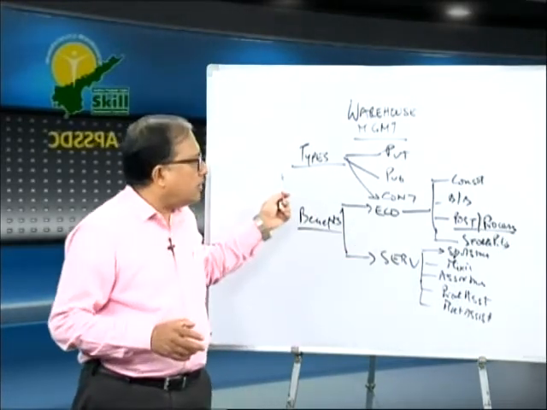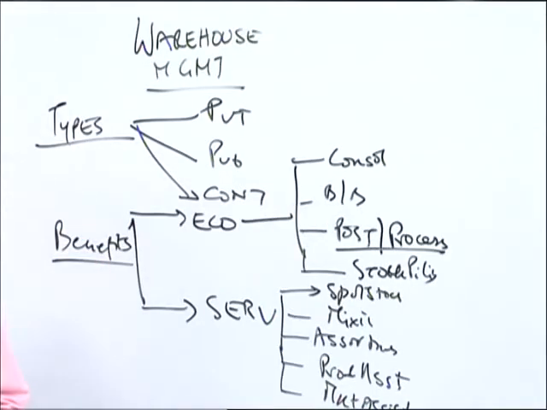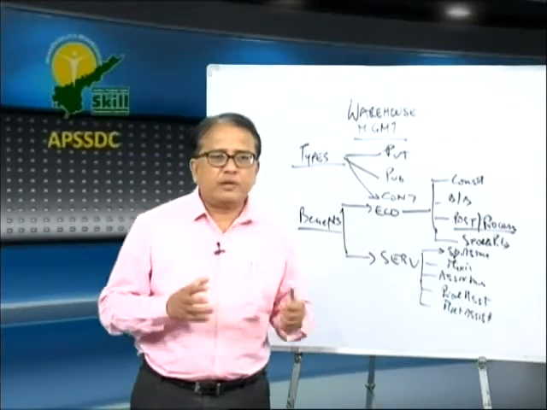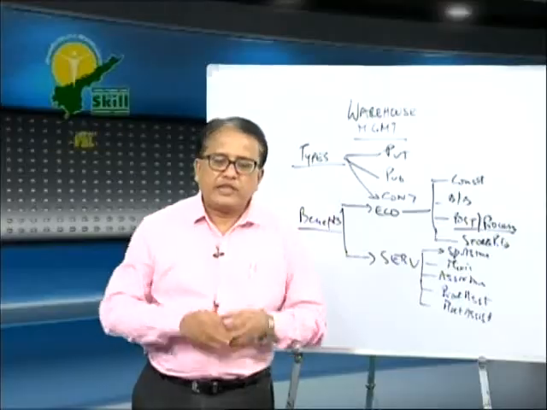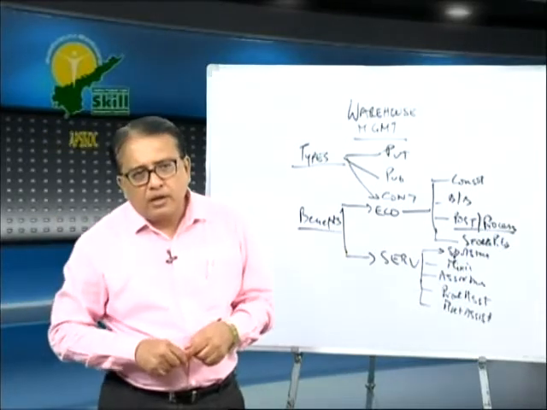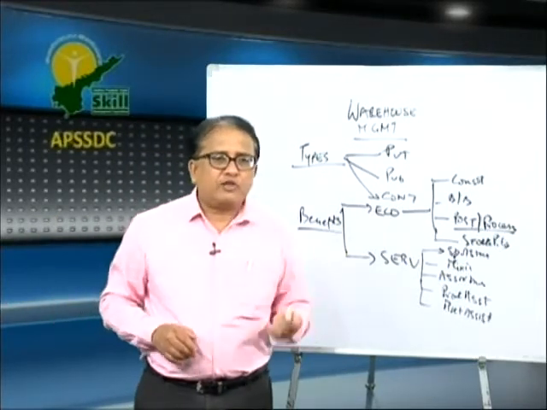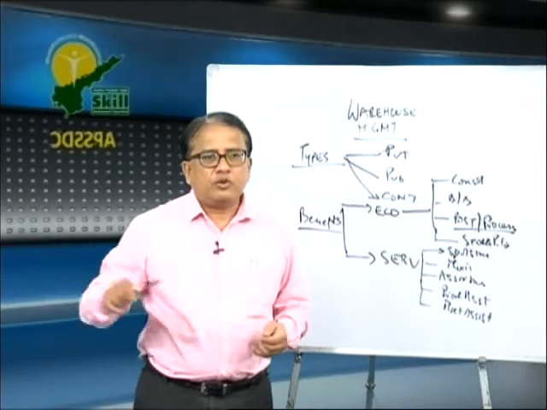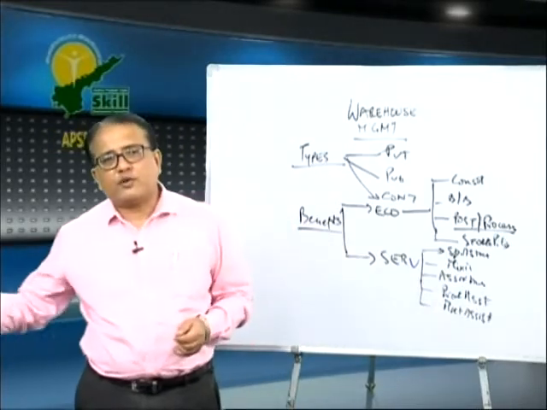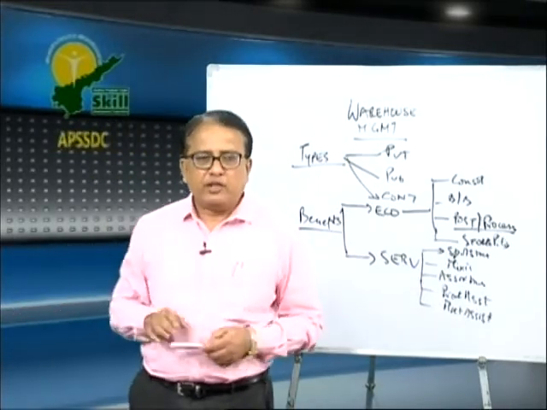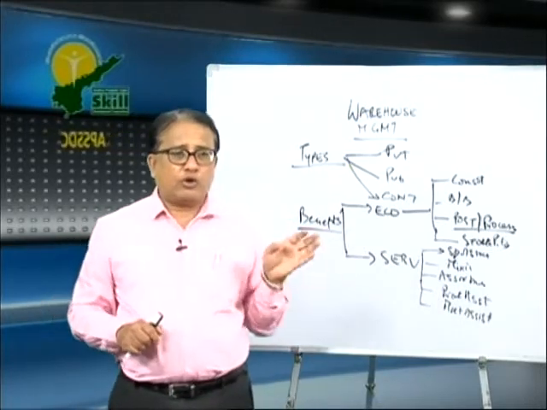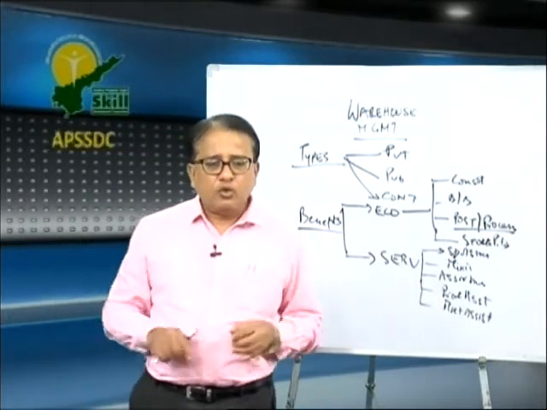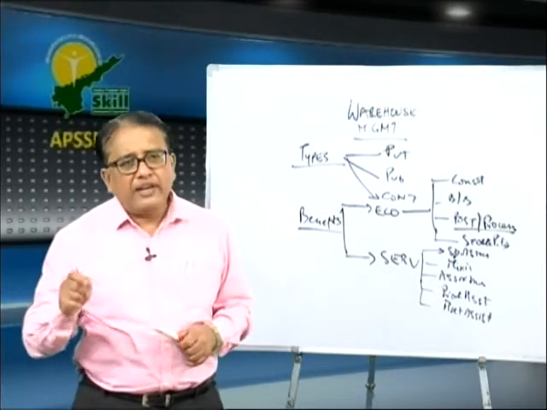Now, just think of a situation where the plants from where these components are arriving are far away or spread over the country. To get these components to the assembly plant or to the manufacturer individually would be a very complex and complicated situation, and it would also result in high transportation cost.